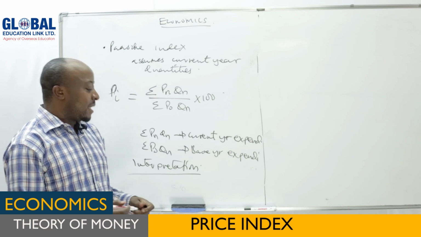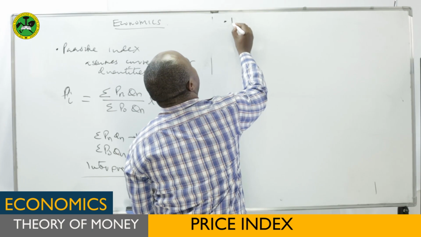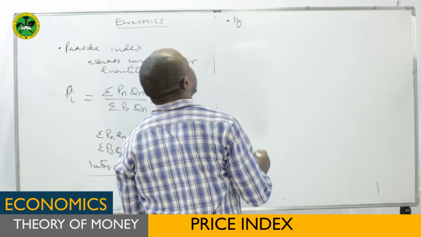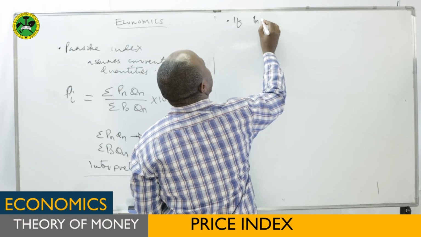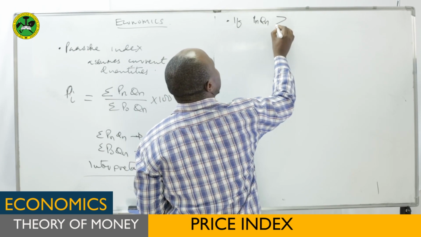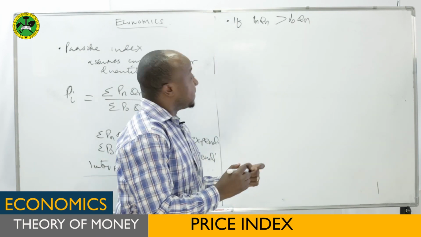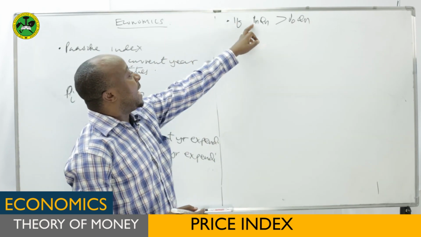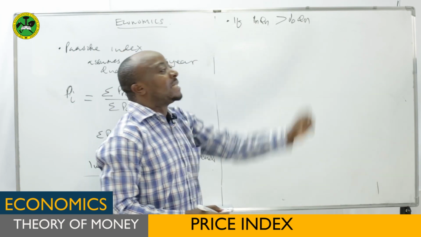Now, we have two answers here, two interpretations. One, let's say the current year expenditure, PN QN, is greater than PO QN. Remember we said PN QN represents current year expenditure and this one represents base year expenditure.